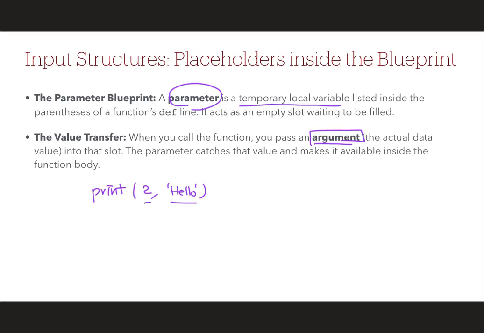Those variables defined within this parenthesis are called the parameters. As I said, each is a local variable, meaning those parameters will exist only within that function. Those temporary local variables are not accessible outside that function.